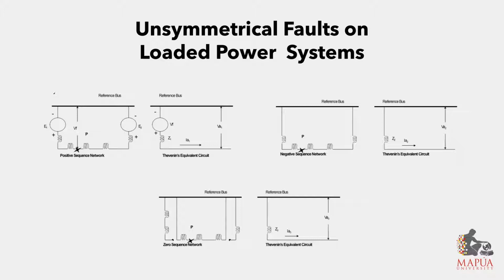We determine the positive sequence network of that single line diagram with respect to the faulted point and the corresponding Thevenin equivalent circuit. And similarly for the negative sequence network and the zero sequence network.